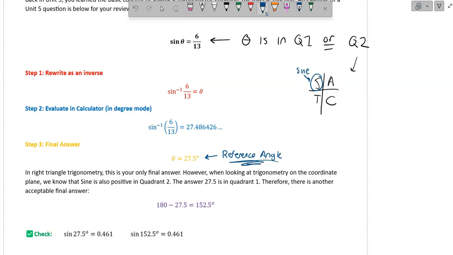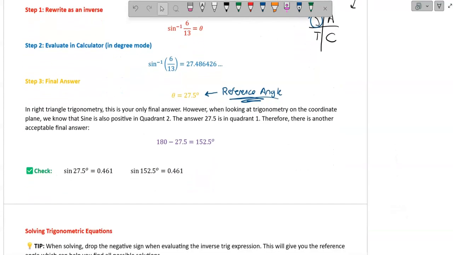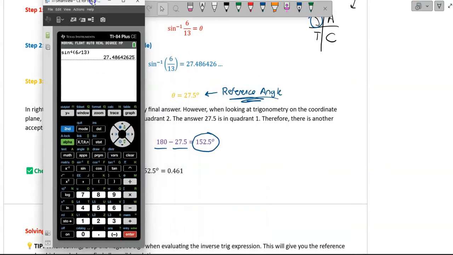Back in right triangle trigonometry, the reference angle was always the angle that we were looking for, so there was no issue there. But this theta really represents our reference angle. And so when we think about quadrant 2, we can find the quadrant 2 answer simply by doing 180 minus my reference angle. And so we actually get two different answers. 27.5 is an answer, but so is 152.5.